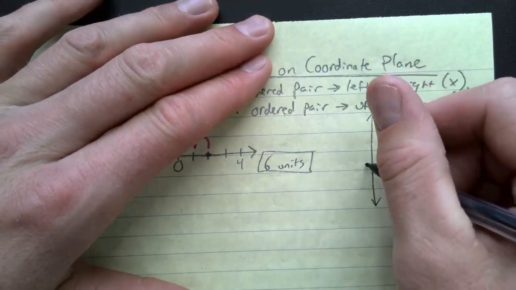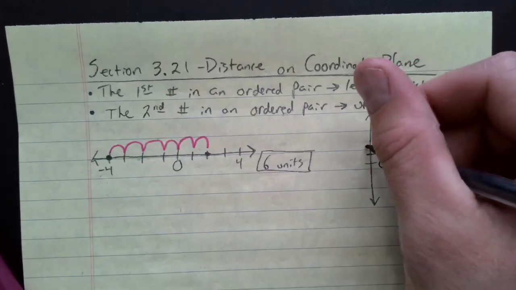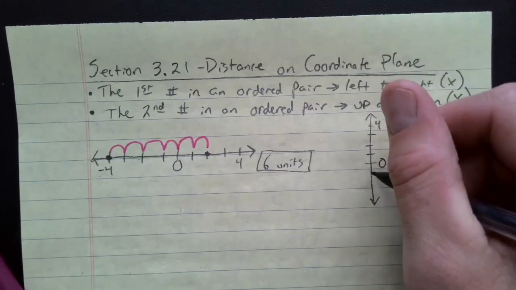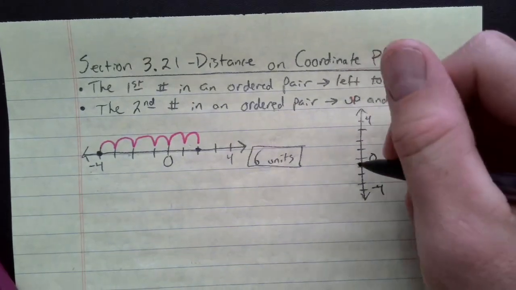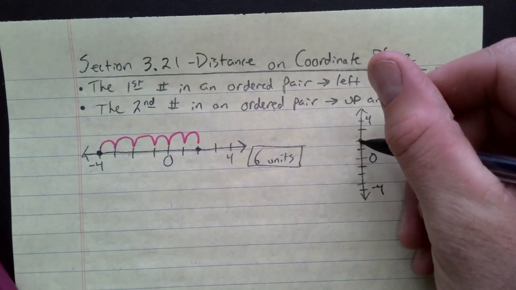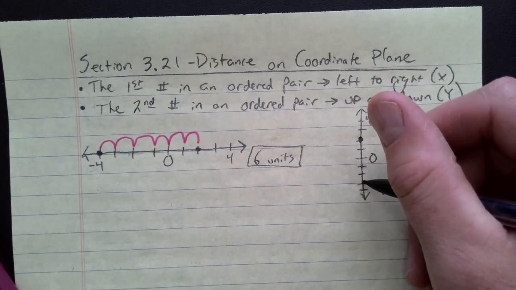Now, vertical number lines work in a similar fashion. Just put 0 right in the center, and then go up 1, 2, 3, 4, negative 1, 2, negative 3, negative 4. Then we plot the points: positive 2 and negative 3.